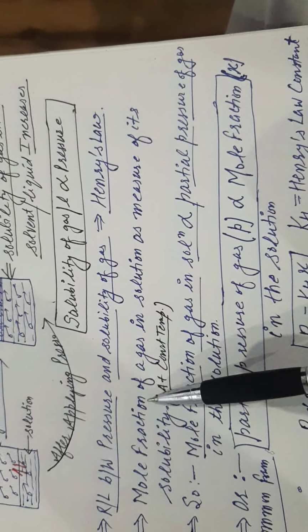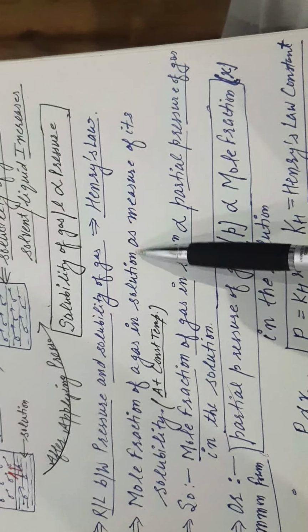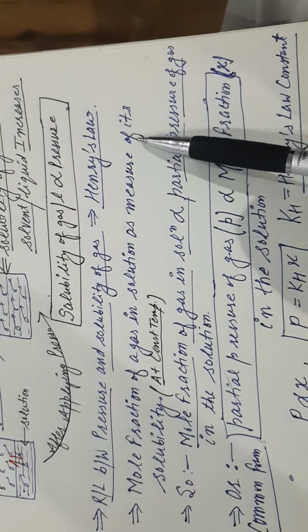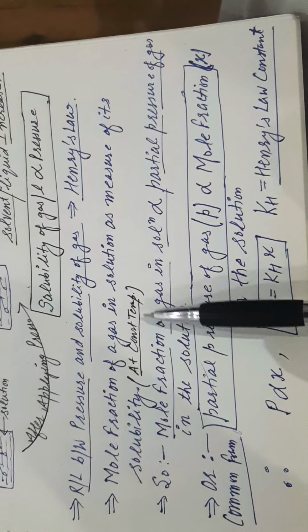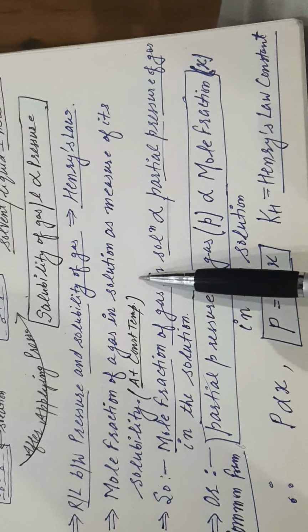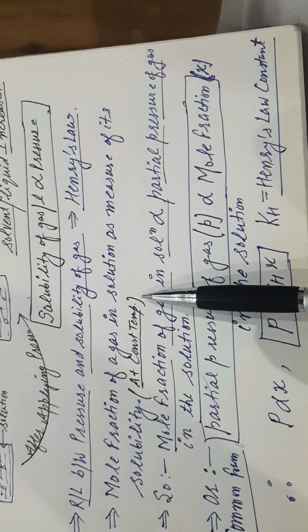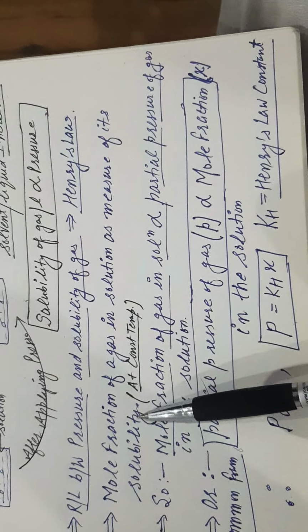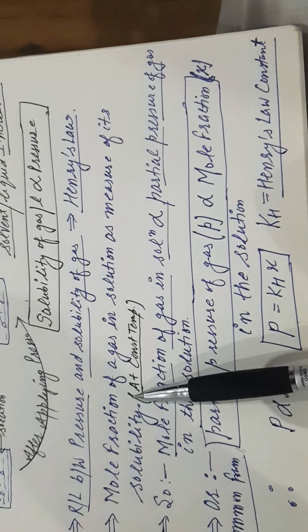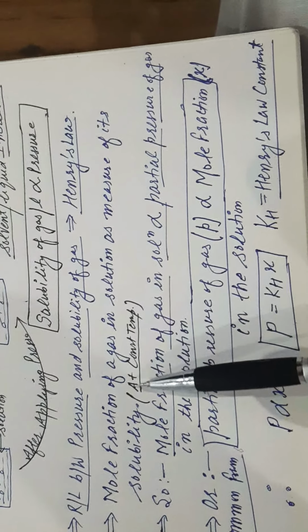So we can say the mole fraction of a gas in a solution is the measurement of its solubility at a constant temperature. Why is it so? Because mole fraction is taken as the replacement of solubility.